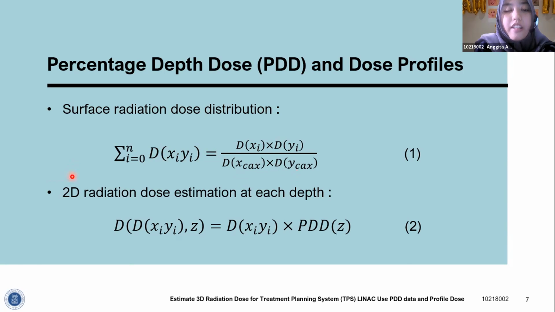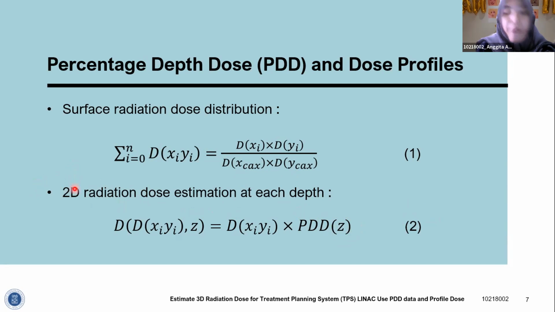Furthermore, the distribution of the radiation dose to the surface is multiplied by the percentage value of the radiation dose from the PDD according to the depth variation used.